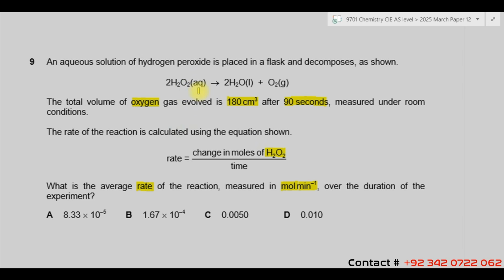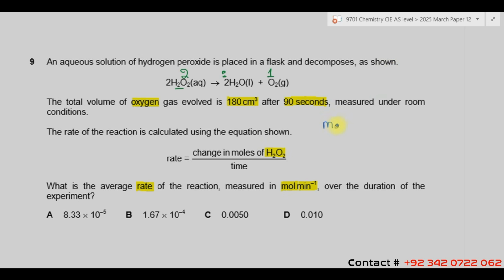Let's find out H2O2 moles. So H2O2 is 2 and the second thing given is oxygen. So oxygen is 1, 2:1. For oxygen, they have given us the volume in centimeter cube. So let's first convert this into moles and this into minutes.